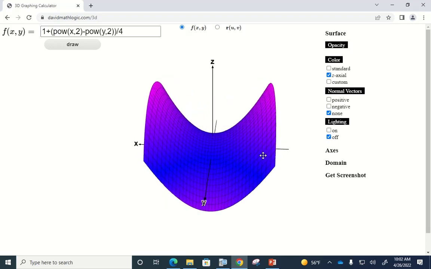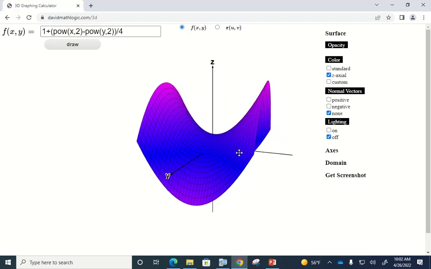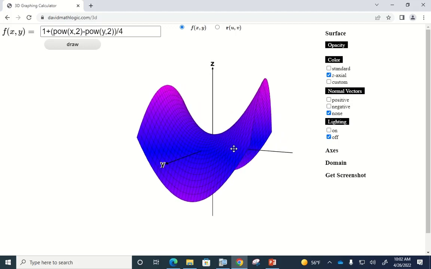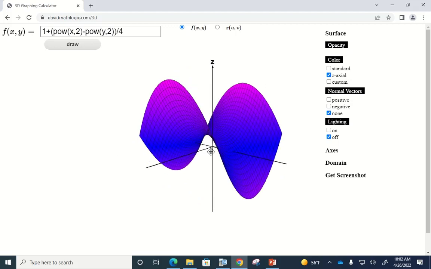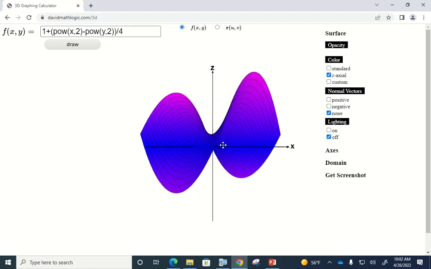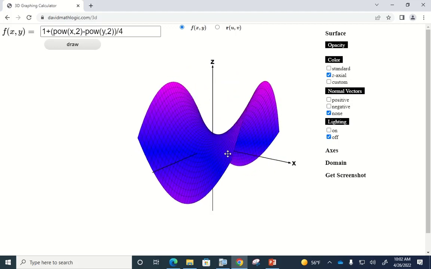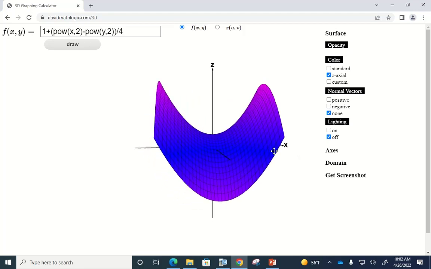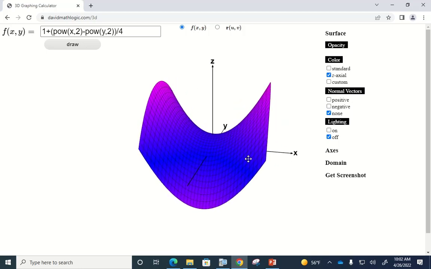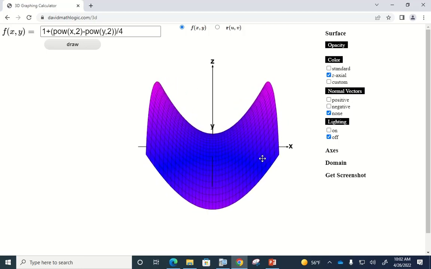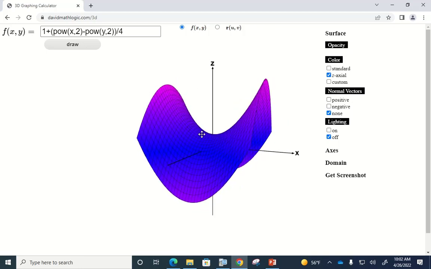All right, so I don't know if it's super clear what this is, but it should be like the shape of a Pringles chip, or maybe like a horse's saddle. And what I mean by the slope of a tangent line is, imagine you had a line that is sitting on the surface at one point.